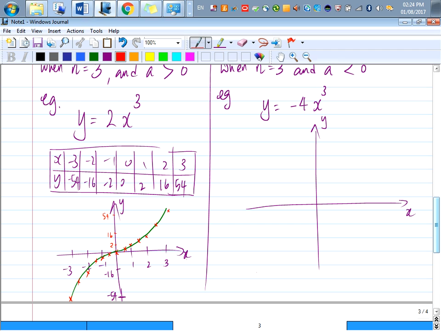This one is y equals 2x cubed. Yeah, n is the power over here.